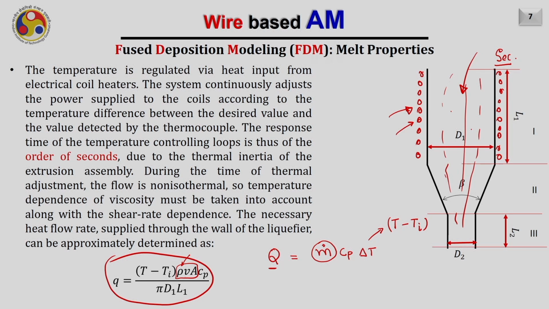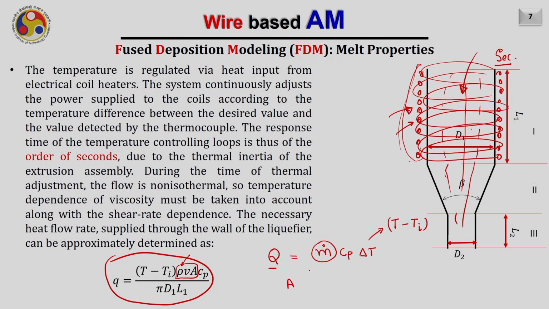Also the area from which we are supplying the heat is given here. This is the surface area, because these coils are surrounding region 1. So the area corresponding to the heat input, I am writing it as AH, will be equal to pi D1 L1, where D1 is the diameter of this zone and L1 is the length of this zone.